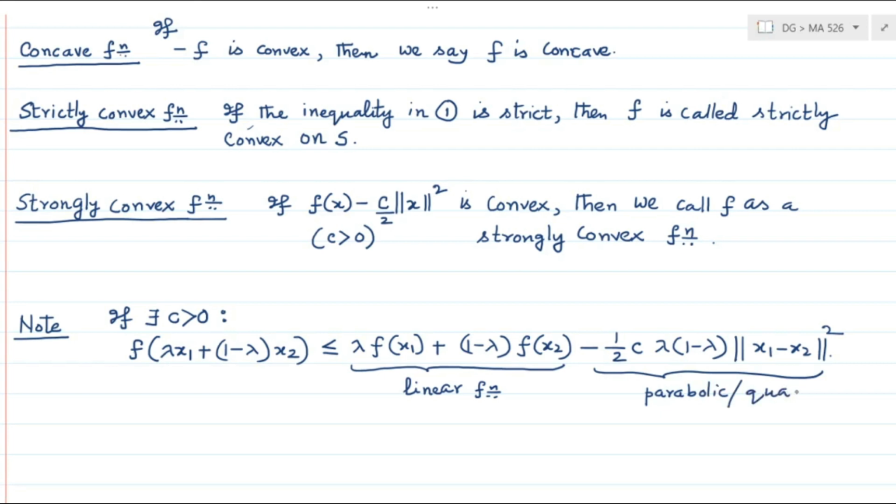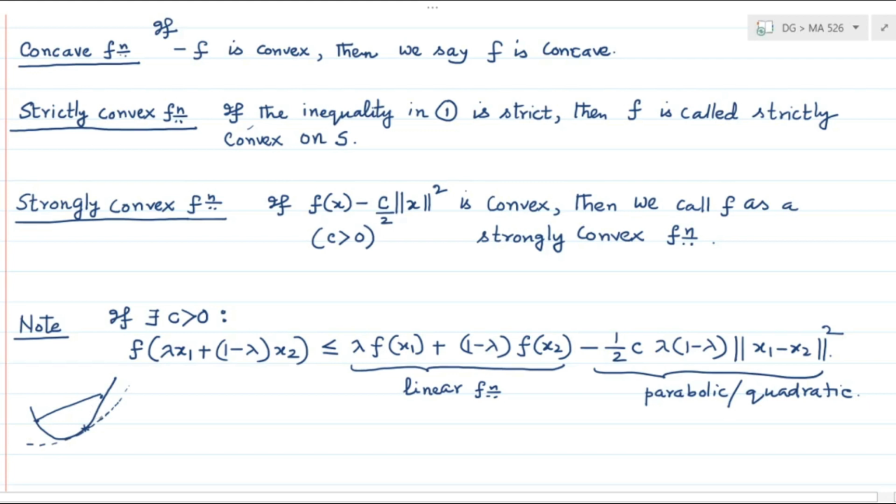And therefore, what does it mean? It means that a function is strongly convex if not only it lies below the chord joining any pair of points, but also you consider any given point, and at this point you will find that there is a parabola that lies below the graph.